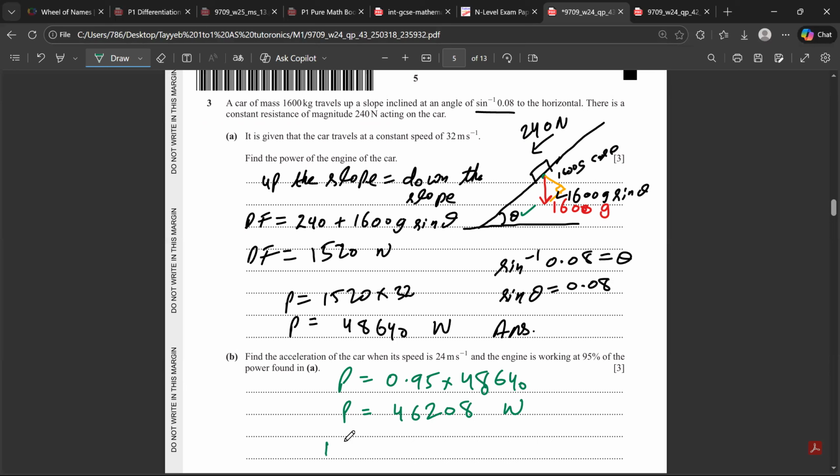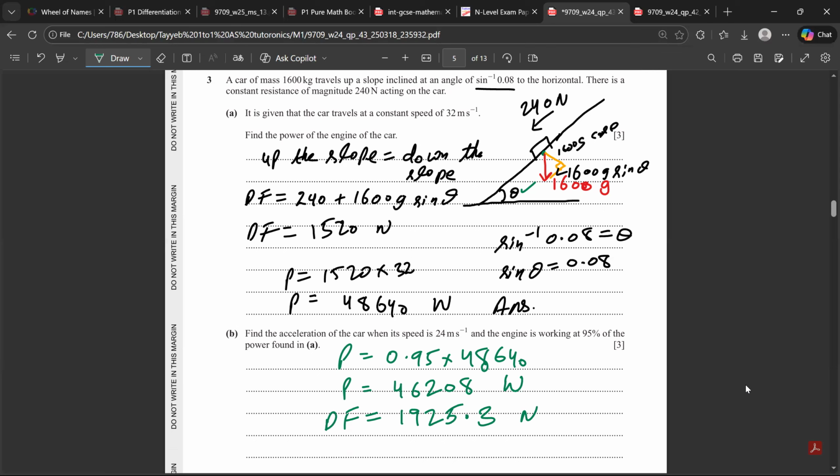So driving force is power divided by speed. Driving force is 1925.3 Newton. Clear so far, right? Yeah.